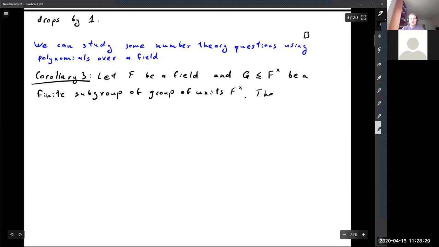Then the theorem says that G must be cyclic.